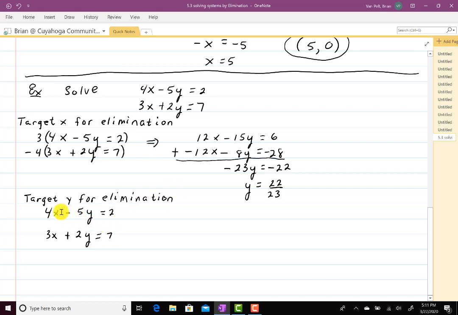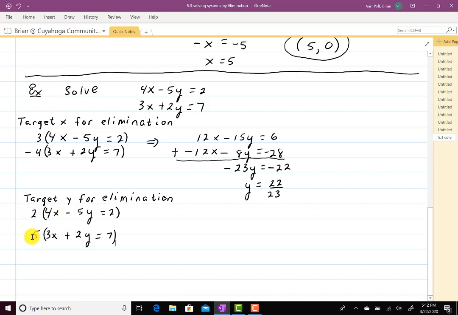So with that in mind, notice that one is already negative and one is positive. So that's half the battle. What I can do is, looking at this 2, if I multiply the first equation by 2, it'll give me a negative 10y in that spot. If I multiply the second equation by 5, once again, I got the 5 by looking at this number here, there it is, I'll get a positive 10y.